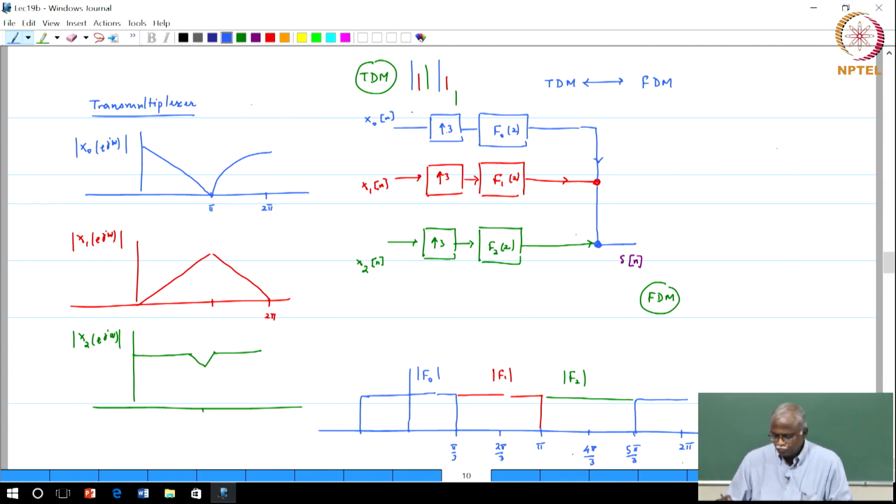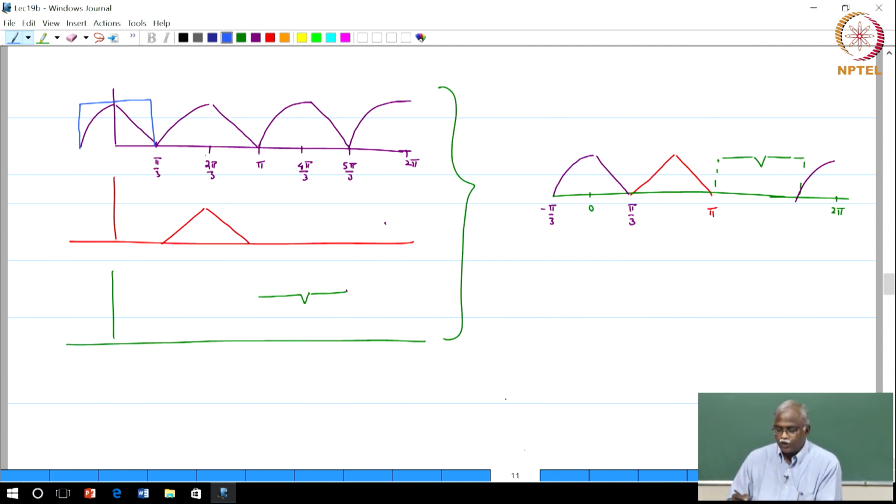Anytime you do the transformation from time division multiplexing to frequency division multiplexing, we must be able to do the reverse operation. The reverse operation says: take the signal S of n and pass it through a filter.